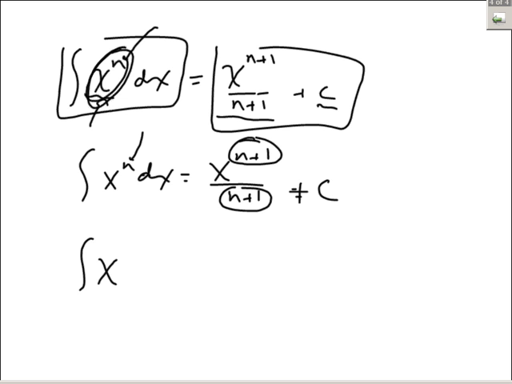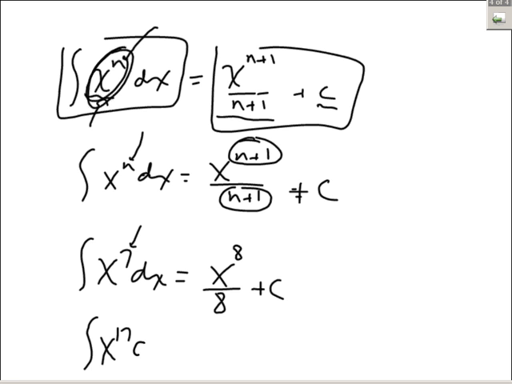The integral of x to the 7 dx: that number 7, 1 more on top, the same thing on the bottom, plus c. Done. The integral of x to the 17 dx: you make this 1 more in the top and in the bottom. Don't forget plus c.